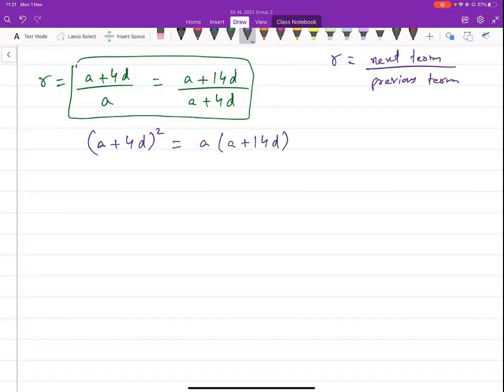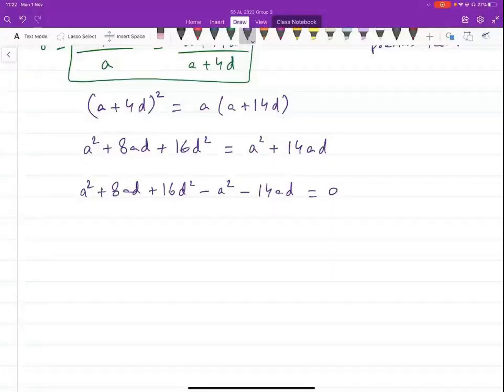Okay. Now we simplify this, and that gives us A square plus 8AD plus 16D square on the left side. A plus B whole square is A square plus 2AB plus B square. We expanded it. On the right side, we have A square plus 14AD. Okay. We take everything to one side.